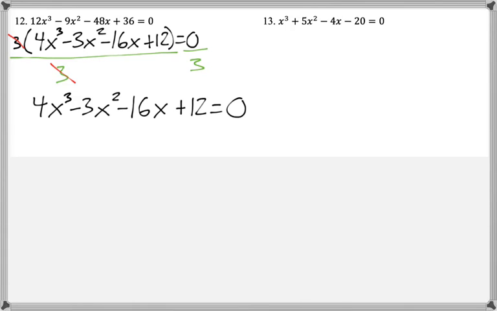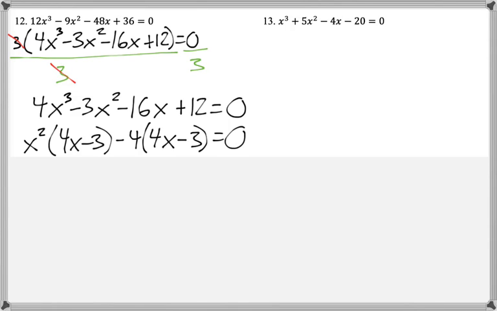Okay, so we have 4 terms, so we can do factor by grouping. Out of the first 2 terms, I can factor out an x squared, and that leaves me with 4x minus 3. Out of the second 2 terms, I can factor out a negative 4, and that leaves me with 4x minus 3.